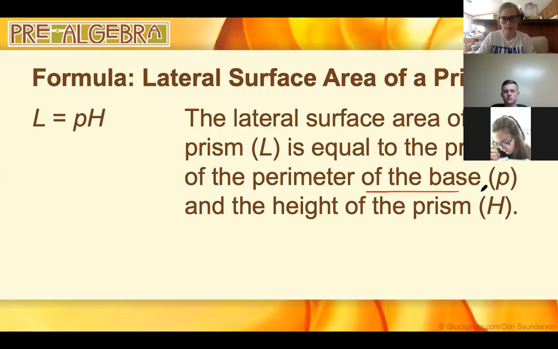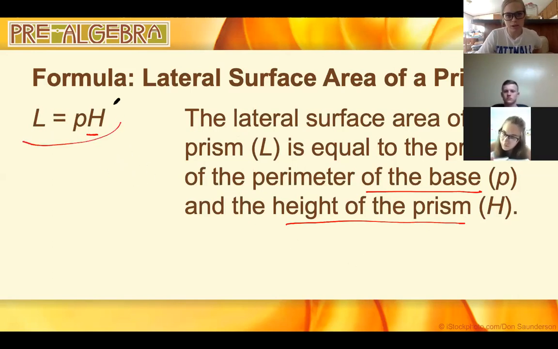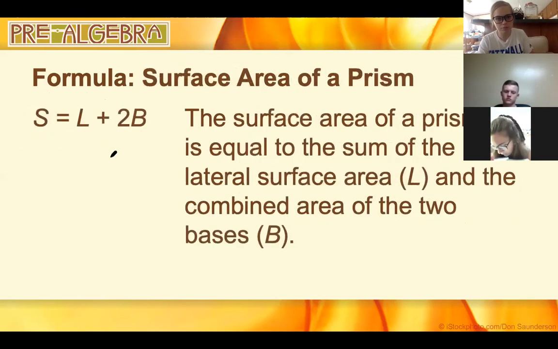Perimeter of the base. What does H stand for? The height of the prism. So you want to know the difference between these. So how do I find the lateral surface area? Capital letter L. Find the perimeter of the base. Multiply that by the height of the prism.